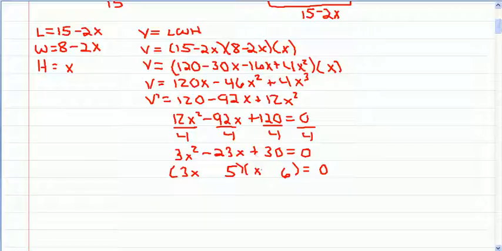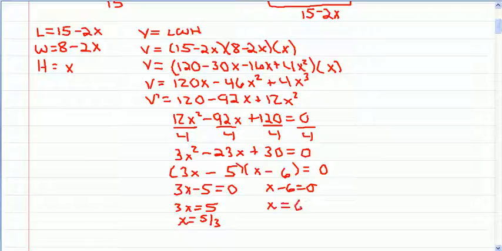Because the second sign is positive, it means both of the signs are the same, and they both get the sign of the first number, so 3x minus 5 and x minus 6. So once the factored form is complete, I set each factor equal to 0. And I get x is equal to 5 over 3, and then x is equal to 6.